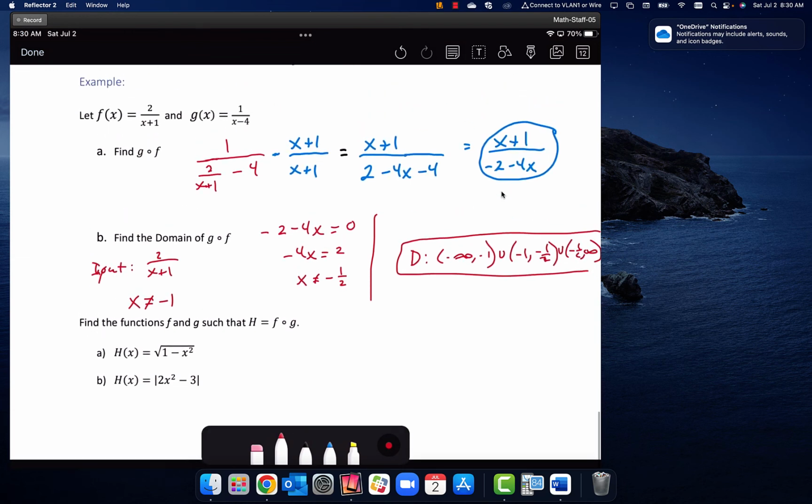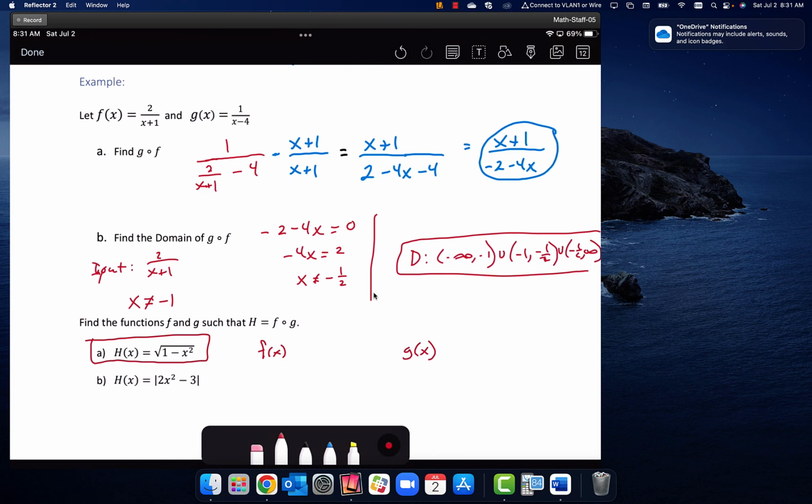And then finally, let's see if we can create the two functions given a composite function. For example, if h is the square root of 1 minus x squared, our goal is to create f and g so that when you compose them, f of g, we get this h function out.